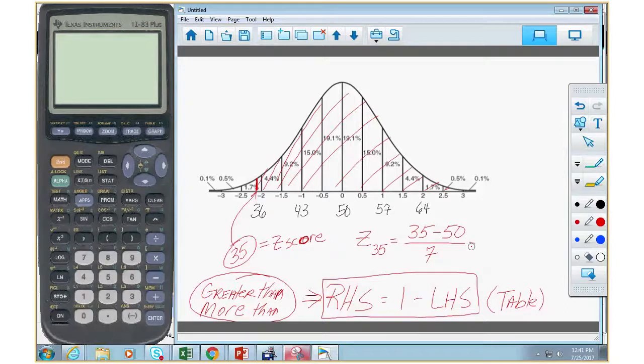And what's 35 minus 50? Negative 15 over 7. Now hold on a minute. I think we might can do this, y'all. Negative 2 and 1/7. Look at there.